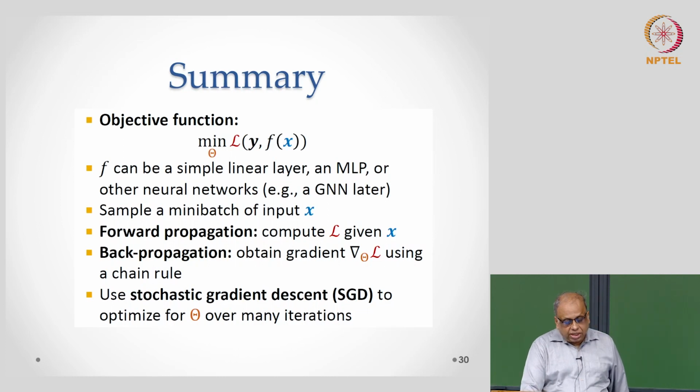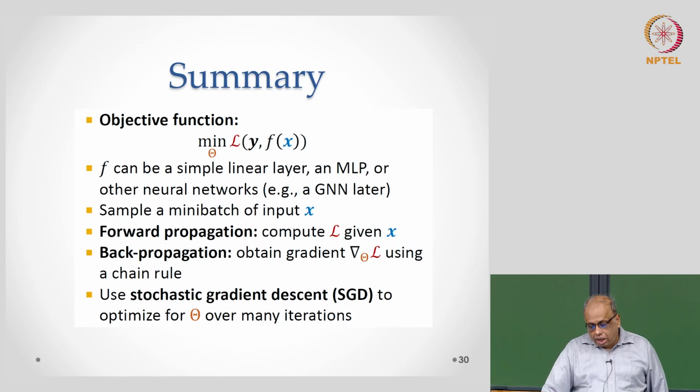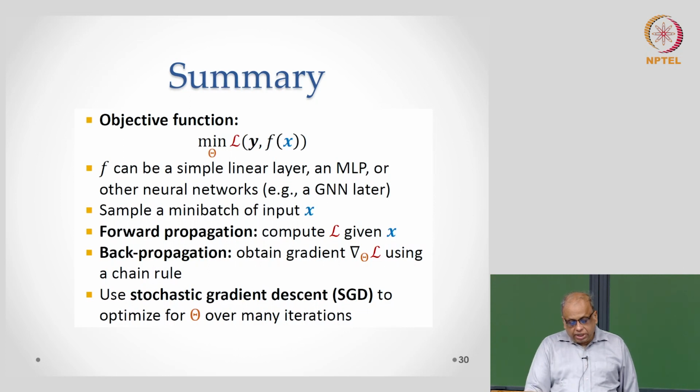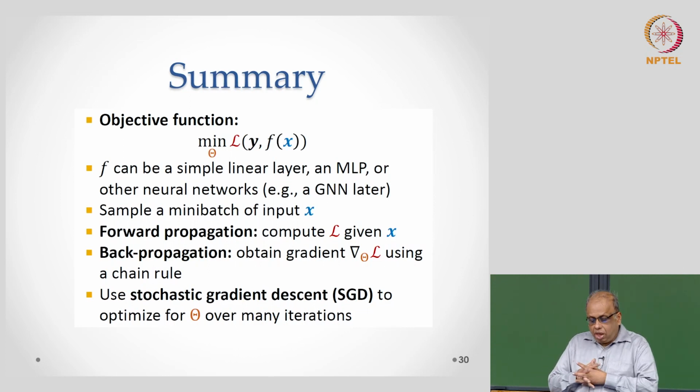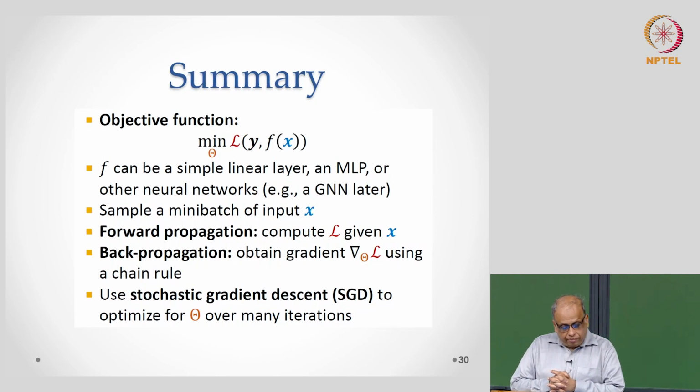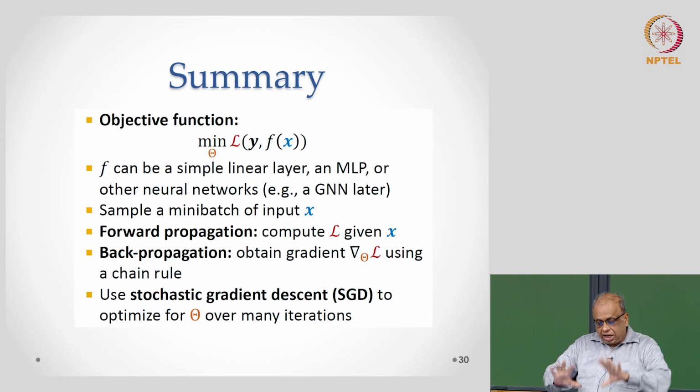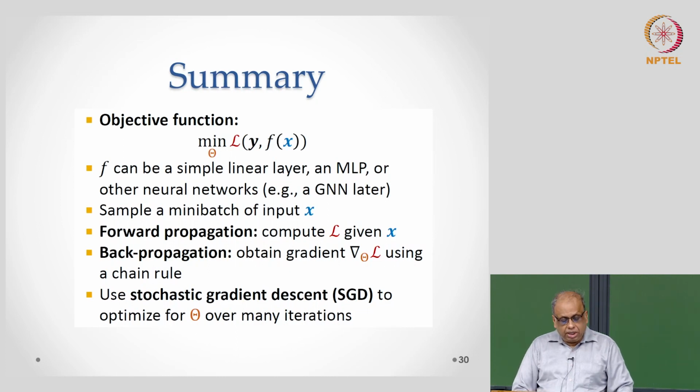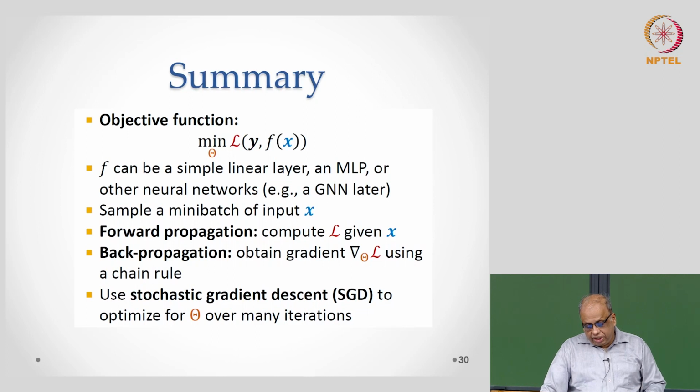So that, in summary, is how a neural network works. The objective is to minimize the loss function, and it can be a simple linear layer, a multi-layer perceptron and so on. Overall everyone has the same underlying objective, but how this function is created differs: different neural networks will have different ways, and the CNN will have a different way and so on.